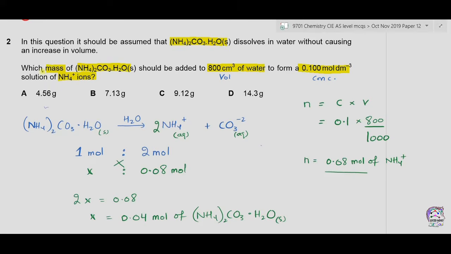In the question, they have asked about the mass of ammonium carbonate that should be added, so we need to convert these moles into mass in grams. As the molecular mass of ammonium carbonate dot H2O is 114, we can use the formula mass in grams is equal to moles into Mr. So we have 0.04 moles into 114.